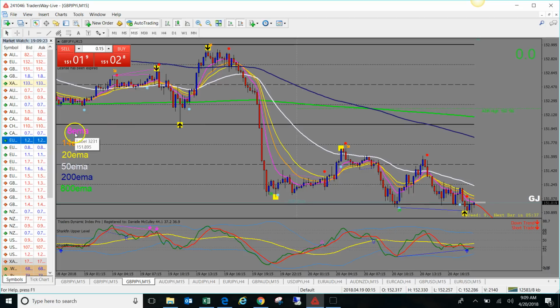Okay, so we got the 8, and these are all going to be exponential moving averages. And I know a lot of people want to know what's the difference between the EMA and the SMA. Now, I do use the 800 simple moving average as well, but it's not on this one right now. The EMAs are really good for scalping because they're going to give you a quicker price reaction off of them, if that makes sense.